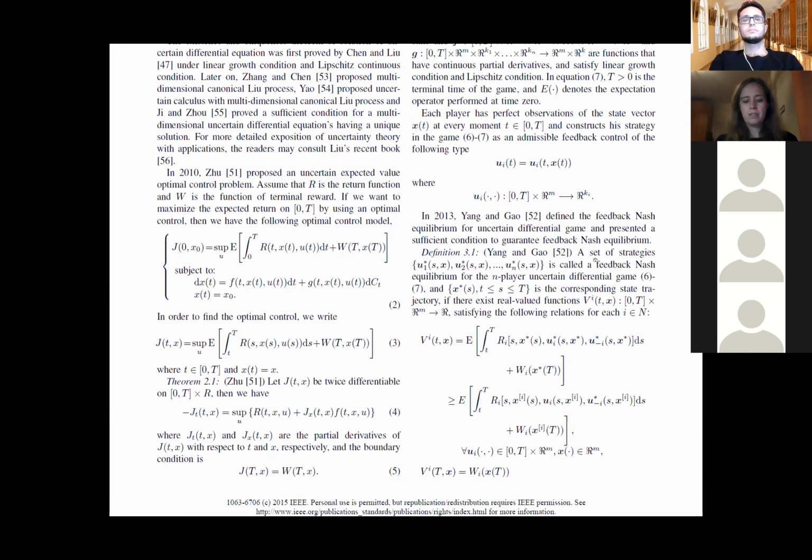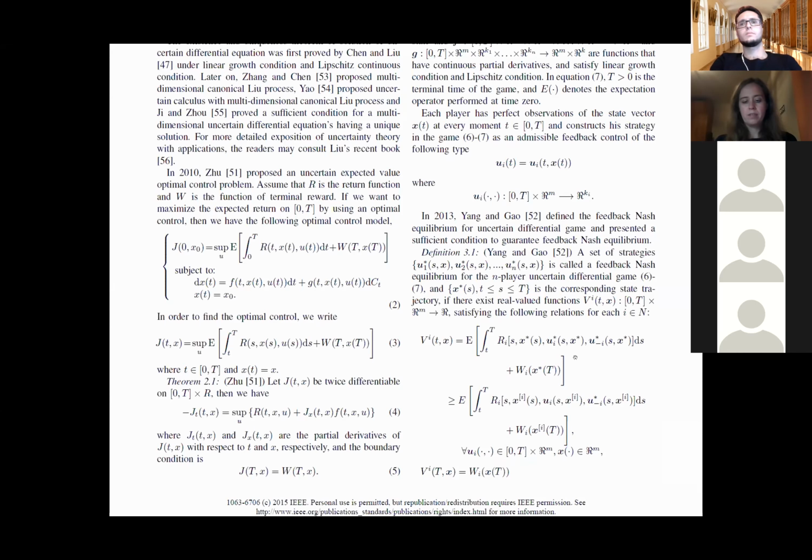So in 2013, Yang and Gao defined the feedback Nash equilibrium for uncertain differential games and presented a sufficient condition to get the Nash equilibrium.